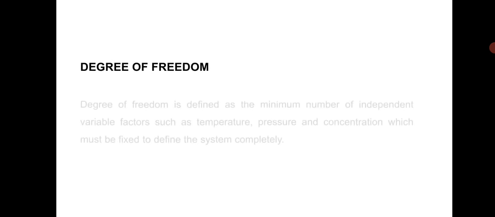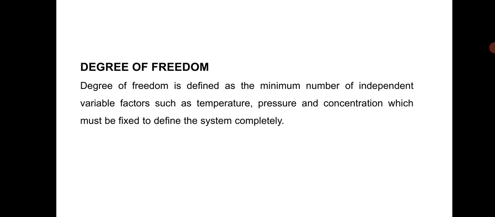The next one is degree of freedom. Degree of freedom is defined as the minimum number of independent variable factors such as temperature, pressure, and concentration, which must be fixed to define the system completely. So in order to define the system, we need parameters like temperature, pressure, and concentration.